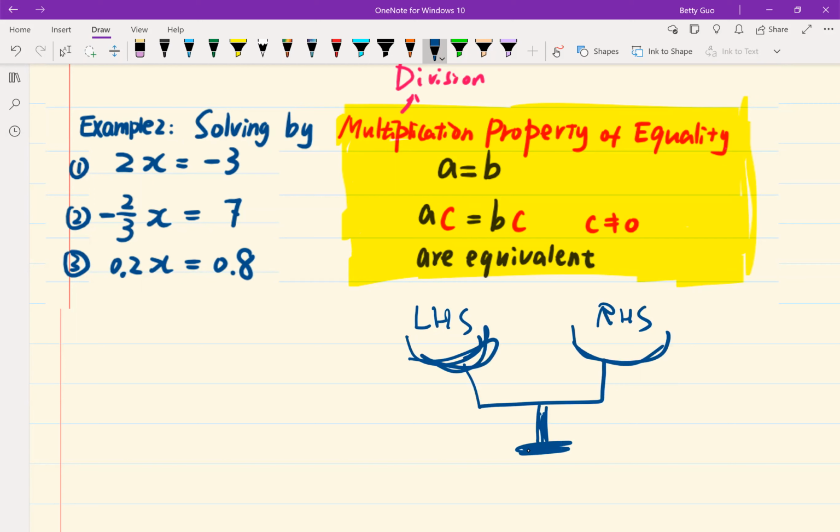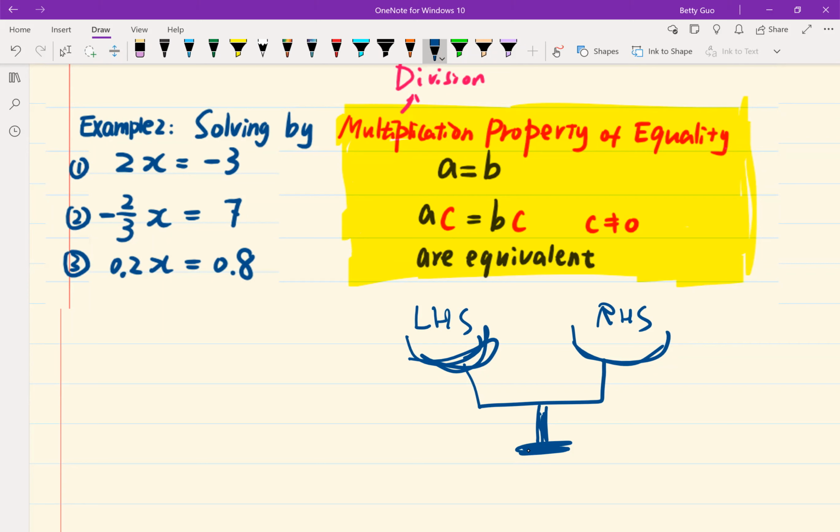Let's say you have 5 pounds on the left and 5 pounds on the right. So the scale is balanced, right? Now I want to double the left hand side. Multiply by 2, double it. So I have 10 pounds here, right? In order to keep the balance, do I also need to double the right hand side? Multiply by 2. Yes or no?